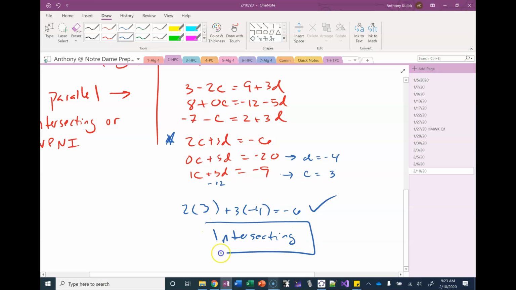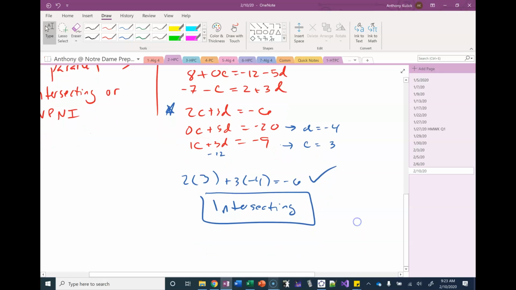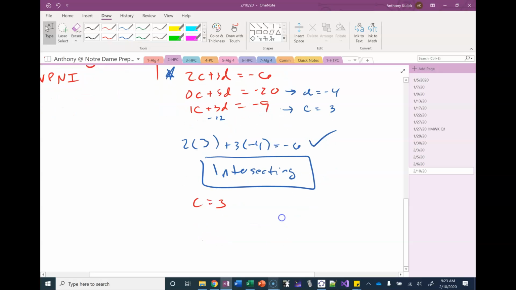Okay. Now to find the point of intersection, I'm just going to take either the C or the D, it doesn't matter which one, and plug it back into one of the two original equations for my line into the appropriate place. So let's say we use C equals 3. Because I'm using C, I'm going to select the equation, whatever.